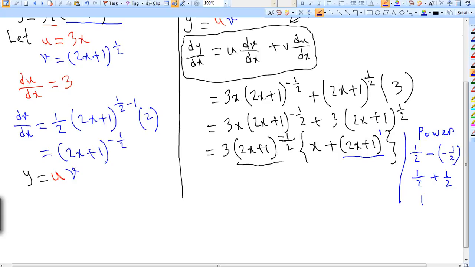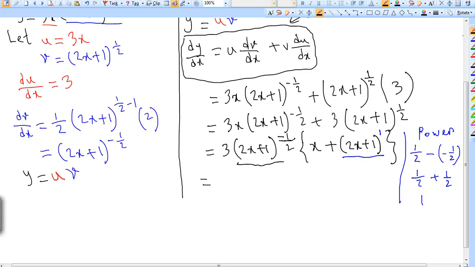If we take the positive power as common, it won't become a linear factor, it will become something else. That's why we have taken the negative power term as common. I hope you have understood. If you don't understand, please let me know in the comment section.